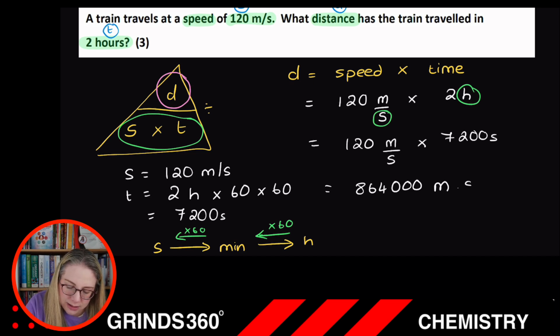We have meters dot seconds over seconds. What happens to the seconds? They cancel. And that leaves me with units of meters for distance, which is fine. So for this one, we get 3 marks for working out my distance traveled by the train. That's going super fast. Oh well, there we go.